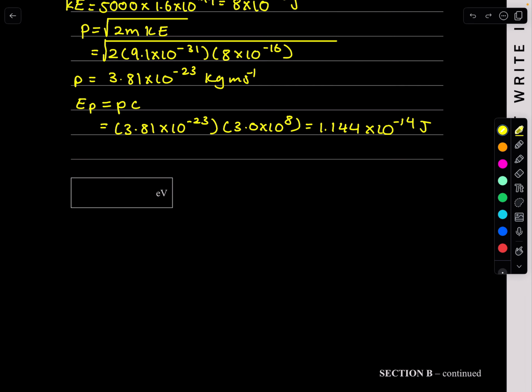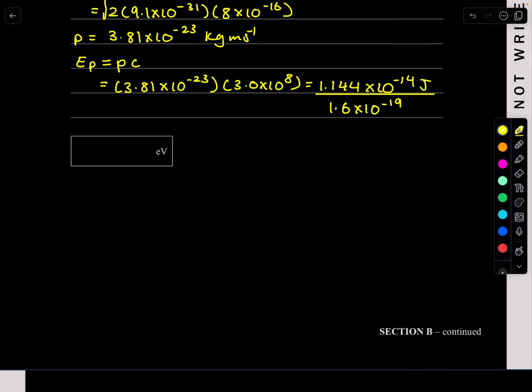I'm going to put it here. Also want to divide this by 1.6 times 10 to the negative 19 to get it into electron volts. And so I get my answer. It's 7.2 times 10 to the power of 4.